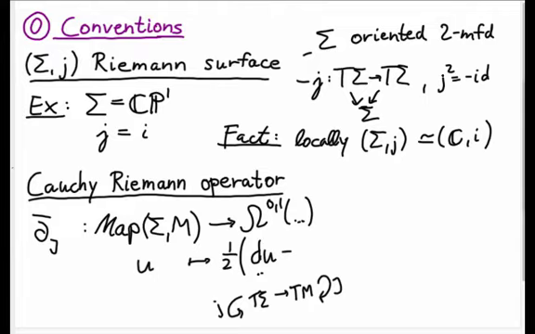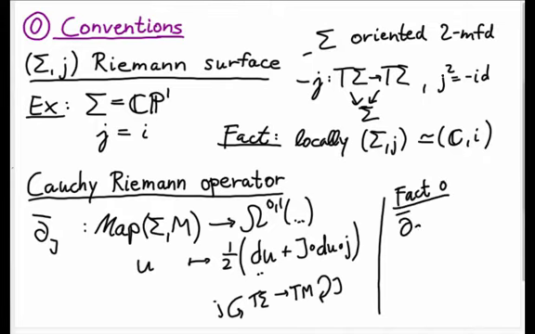No, plus sign, right, because j squares to minus 1. Or differently put, d bar u is 0 if and only if du is antilinear, so du j is minus j du.